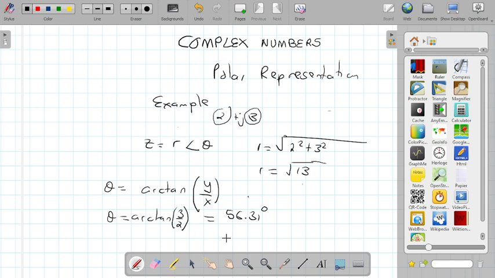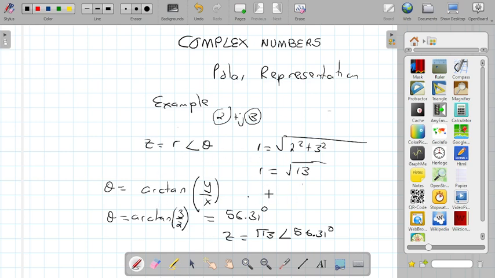Great. So now this means that our z is going to be equal to the square root of 13, and now this is not a less than sign, and this is theta. What is our theta? Great. Our theta is 56.31 degrees. So this is your complex number z in the polar form. Of course, in the third part, where we're going to talk about applications and more examples, we'll see more examples of this.